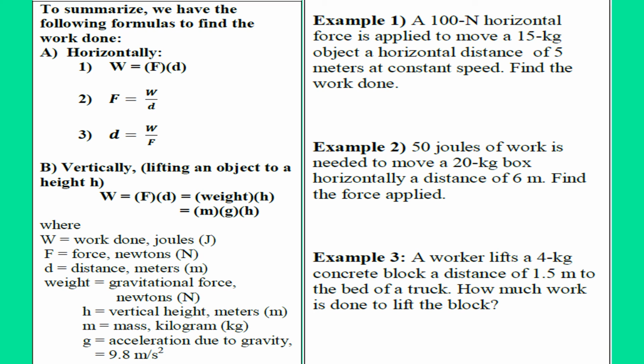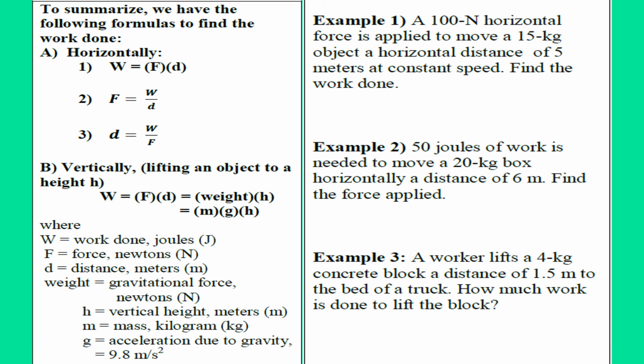And since weight equals mg, then this is mg times h, where W is the work done in joules, F is the force in newtons, D is the distance in meters, weight is the gravitational force in newtons, h is the vertical height in meters, m is the mass in kilograms, g is the acceleration due to gravity, which is 9.8 meters per second squared.